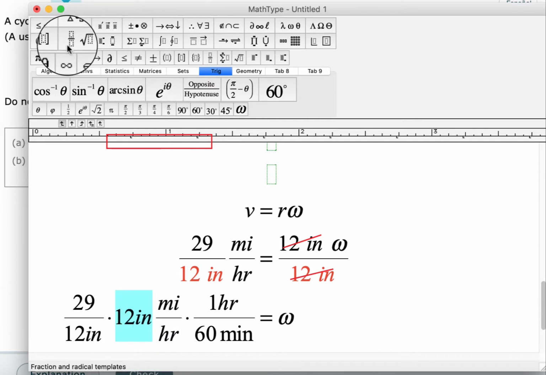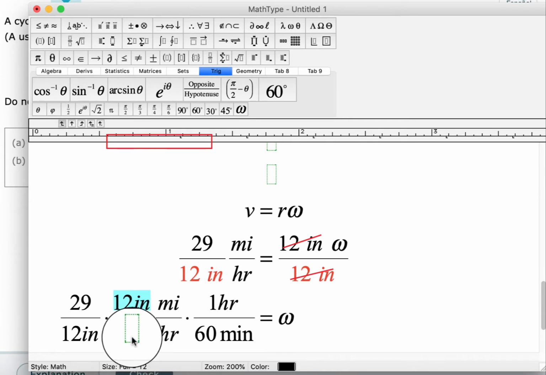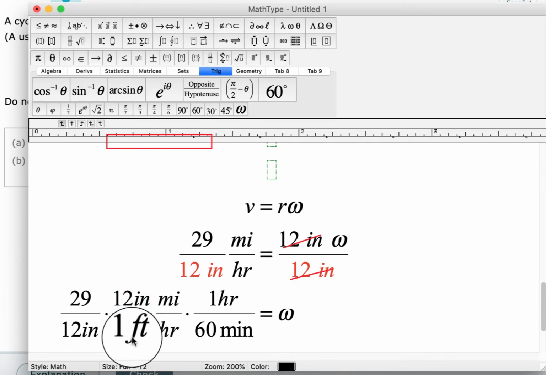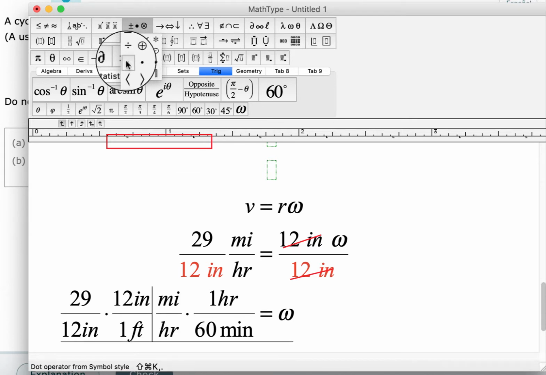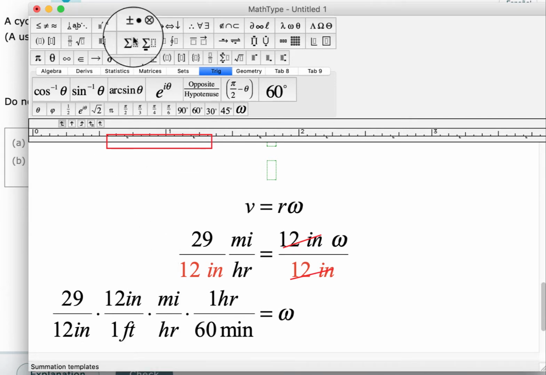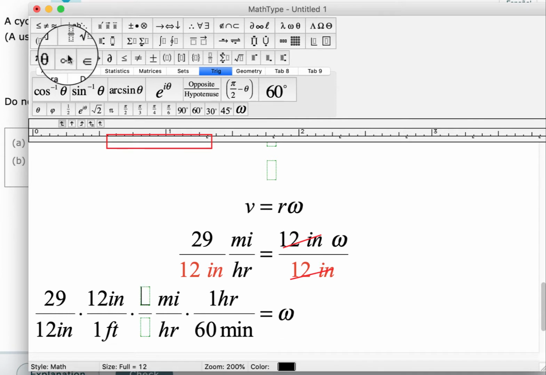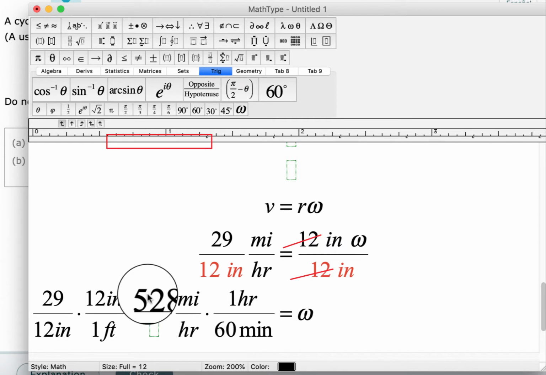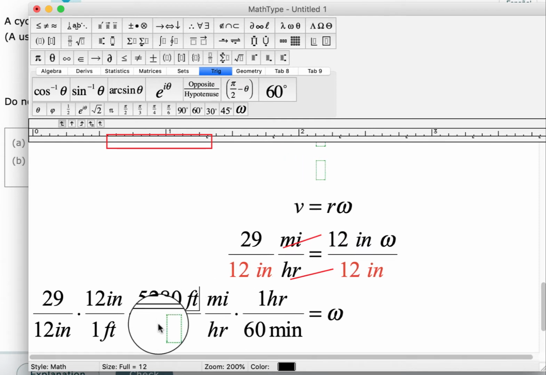And then I also know that 5,280 feet are in a mile, and they also give it to us in the problem. I'm going to write that 5280 in the numerator so that the feet will cancel. And I wanted the miles to begin with because I wanted a relationship that can convert miles to feet.